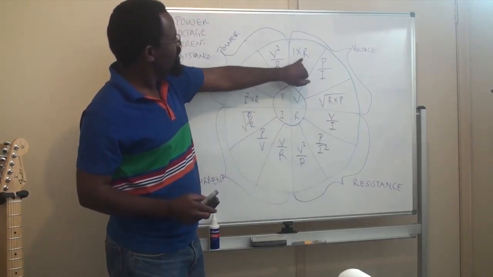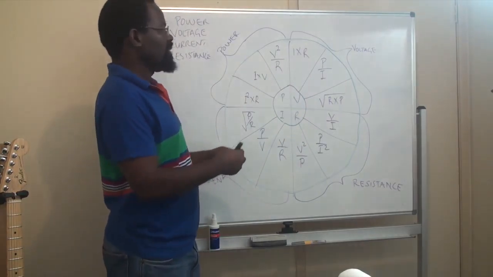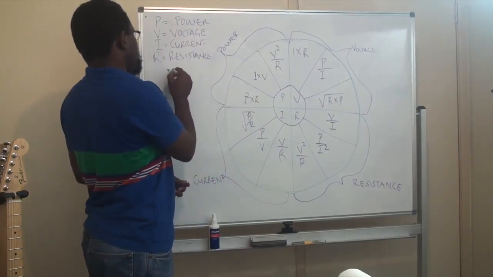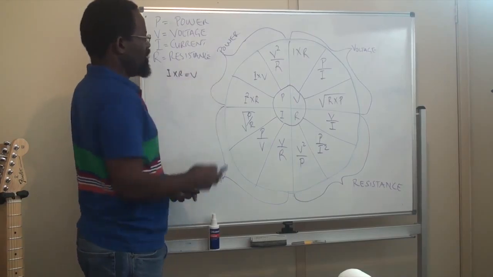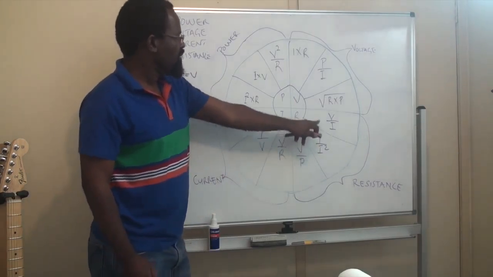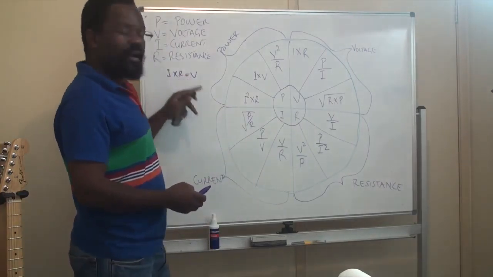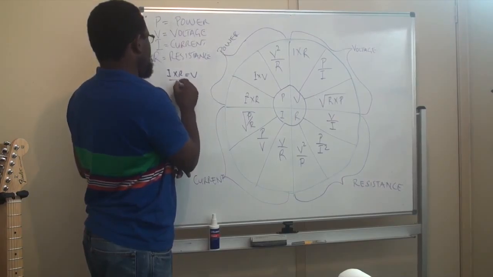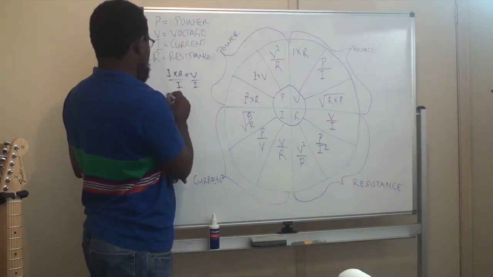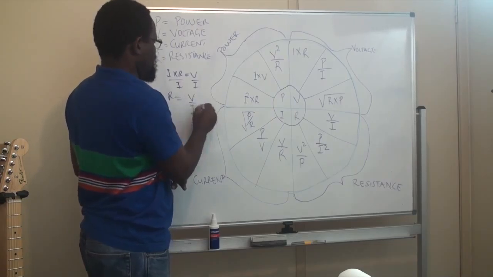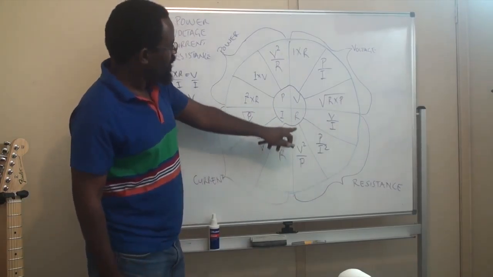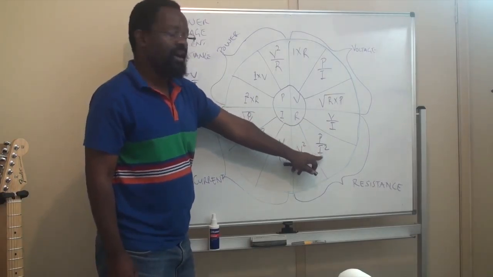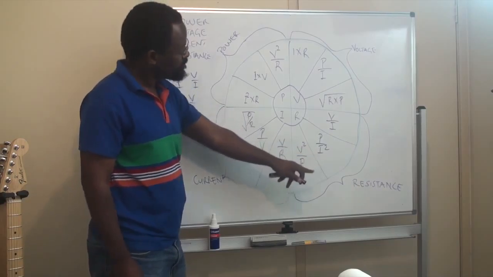It derives from the previous one, where we saw that I times R is equal to V. To make R the subject of the formula, we divide both sides by I, so R is equal to V over I. R is also P over I squared. We'll derive that one shortly.